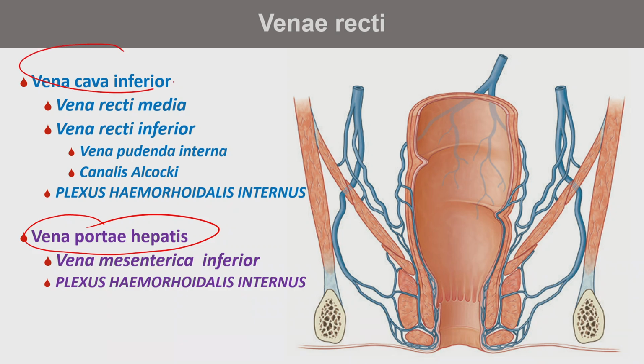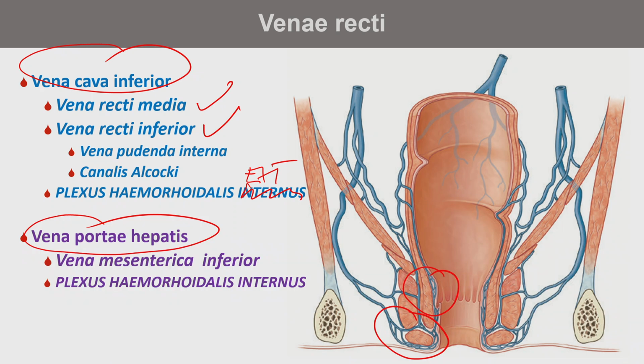The inferior vena cava has outflow from the middle and inferior rectal veins, and here we have 2 plexuses. One is external, one is internal, and those plexuses are dilated in situations when so-called portocaval anastomoses develop.